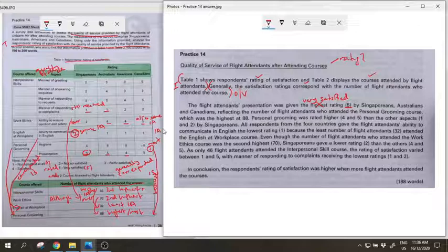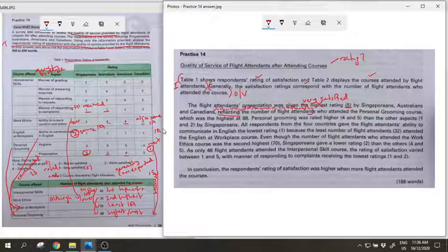So flight attendants' presentation was given a very satisfied rating by Singaporeans, Australians, and Canadians, which corresponded to the number of flight attendants who attended, or you can say it was influenced by the number of flight attendants who attended the personal grooming course, which was highest at 88.